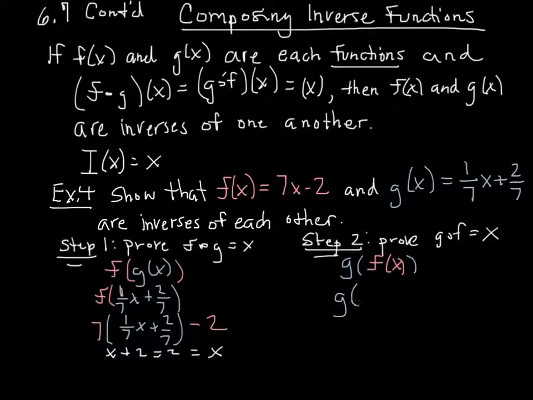G of f of x is like writing g of 7x minus 2, which equals 1/7 times 7x minus 2 plus 2/7.